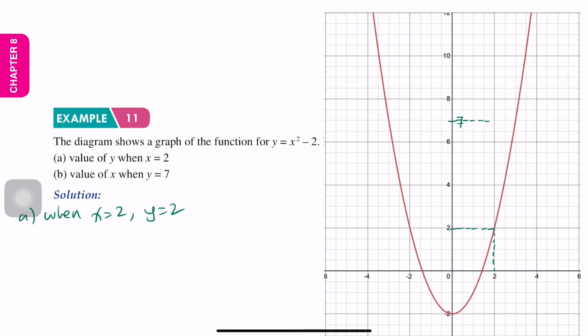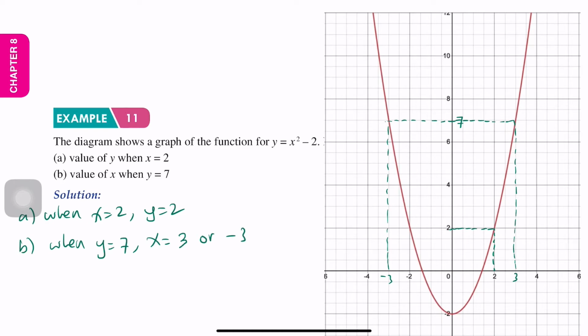Dotted line until you reach the line, bring it forward to the x-axis. Same goes to the left side. We must be fair, left and right. So over here is negative 3, this is 3. So B, when y equals 7, x equals 3 or negative 3. So we have two values when y equals 7.